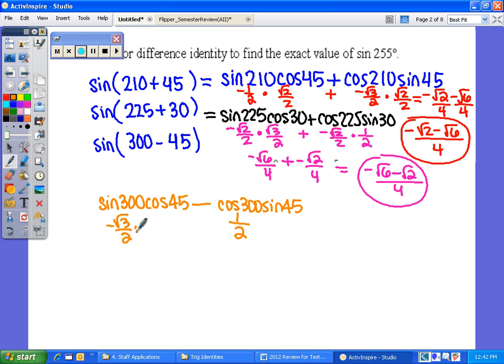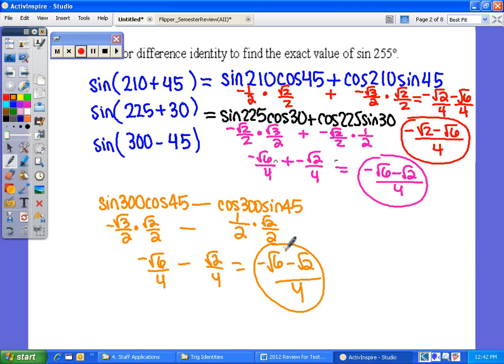Then the cosine of 45 is square root of 2 over 2, and the sine of 45 is positive square root of 2 over 2. So when you multiply, you get negative square root of 6 over 4 minus square root of 2 over 4, which gives us the exact same thing that we had for 225 plus 30.